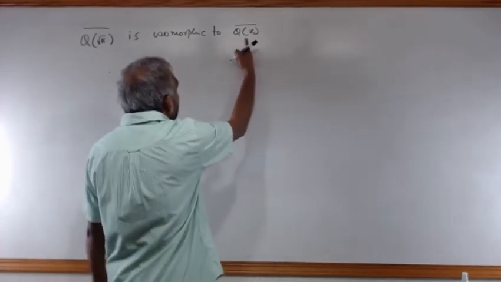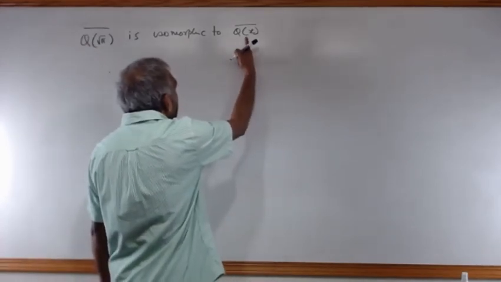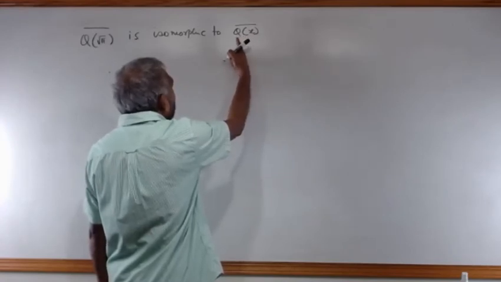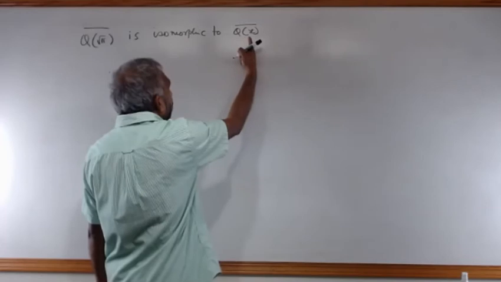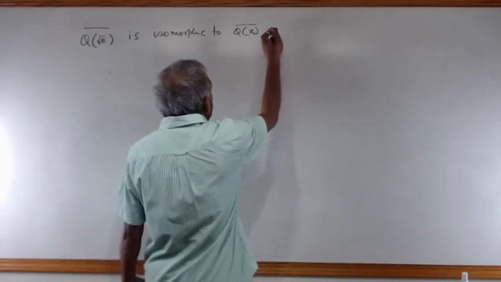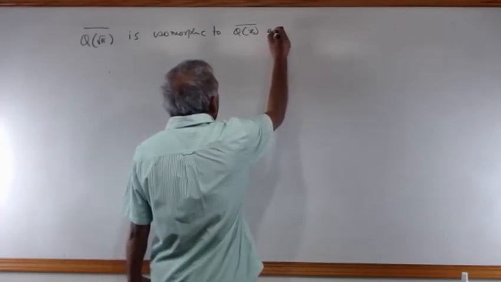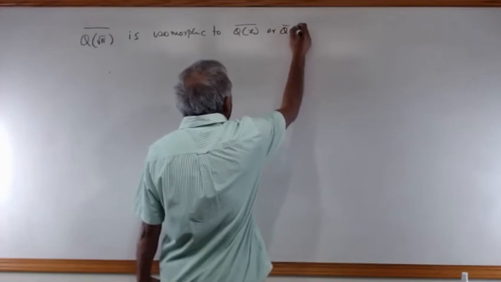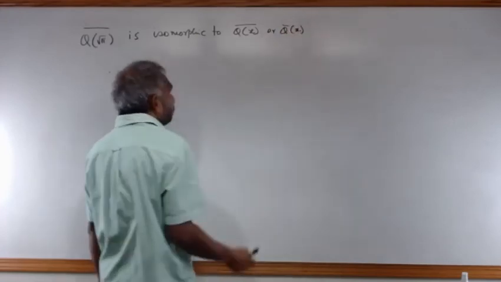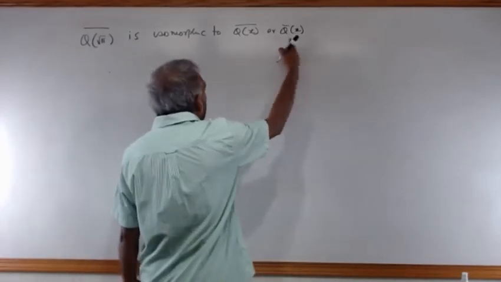This is not the ring of polynomials in x. This is actually the field of quotients of the ring of polynomials. These two are one and the same.